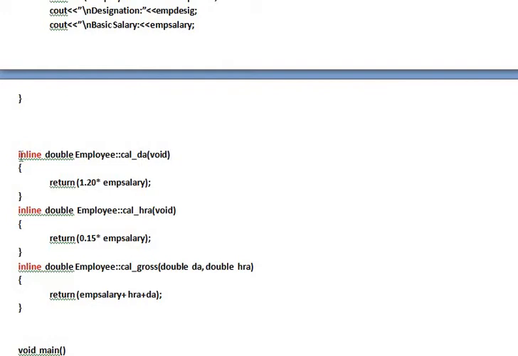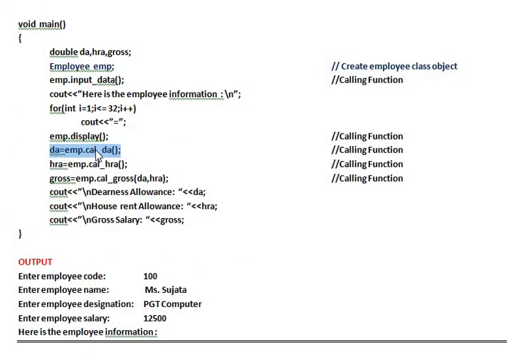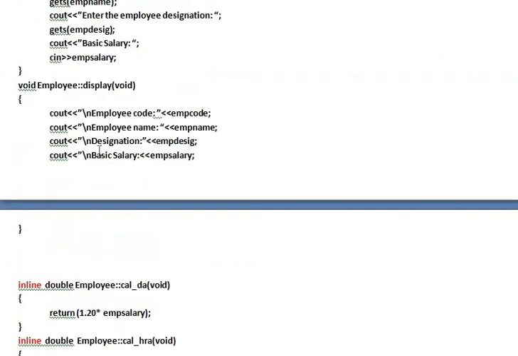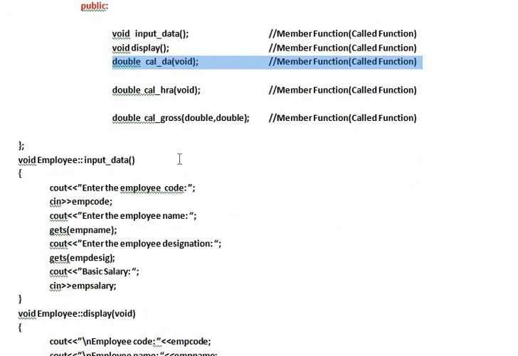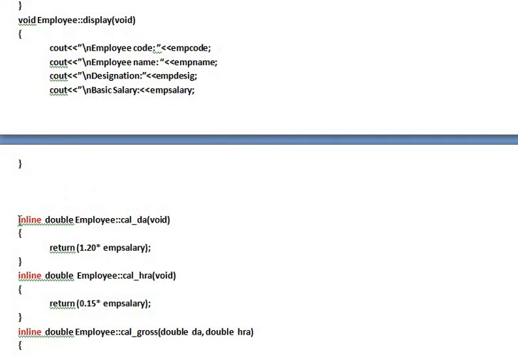Now the control is not going to jump from this calling function into the call function, because an extra overhead time is incurred in the jumping process.